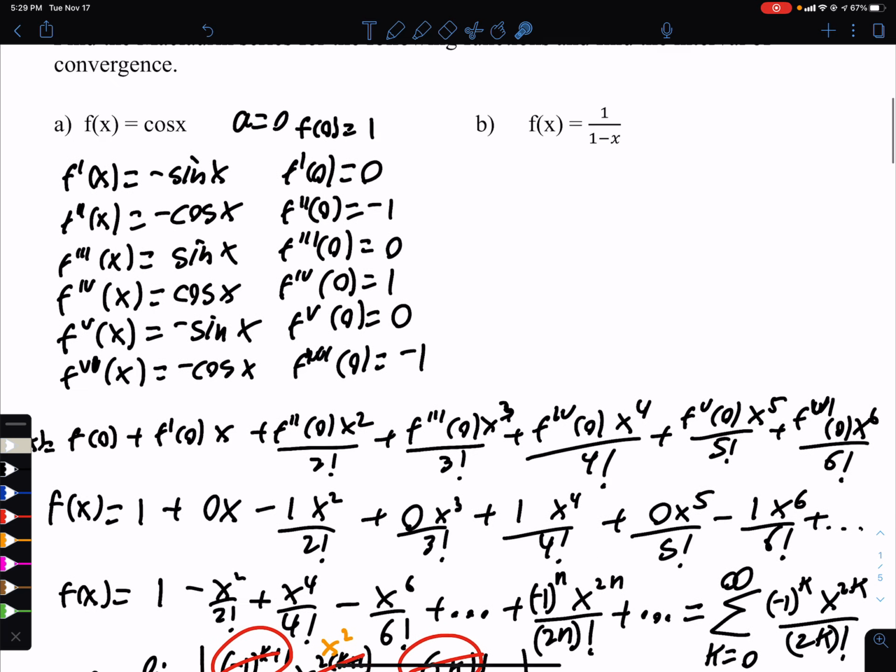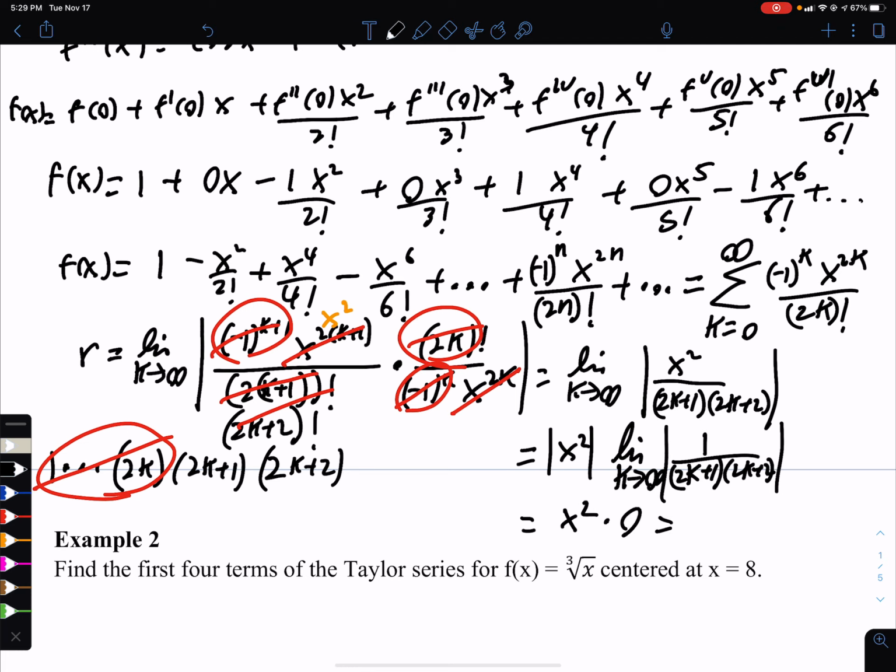And therefore, in each term, that x is a constant. It's just pi. So we can take that constant out front and have the limit as k goes to infinity of 1 over 2k plus 1, 2k plus 2. But you'll notice all of this is 0. X squared times 0, which is 0.